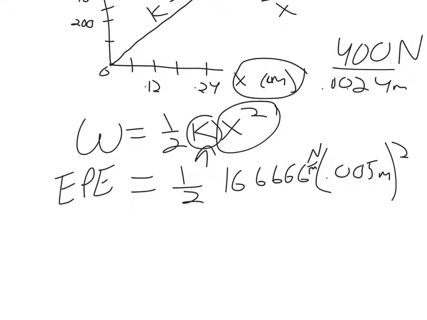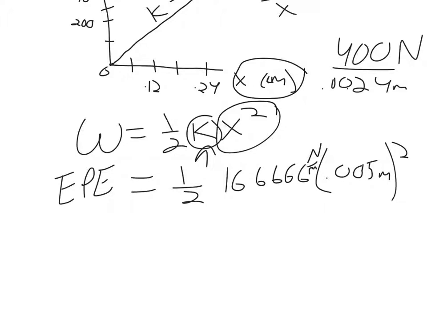All right, so let's do this in the calculator. Divide by 2 times 0.005 times 0.005. Okay. Oh, interesting. That's not a lot. Let me check and see if that's right.